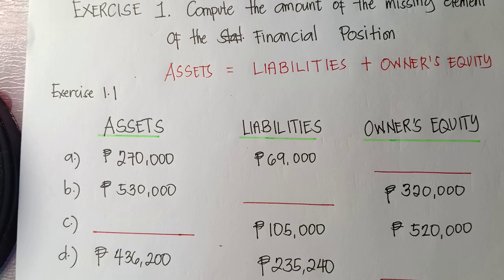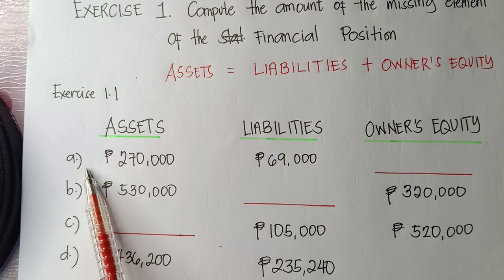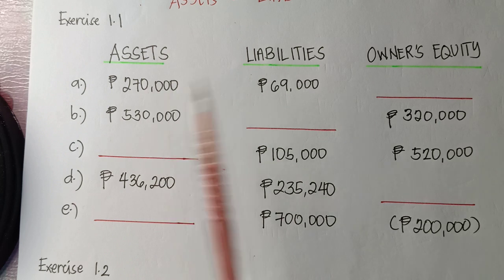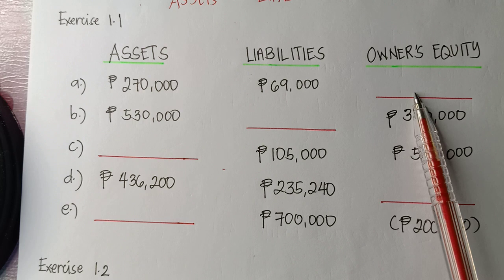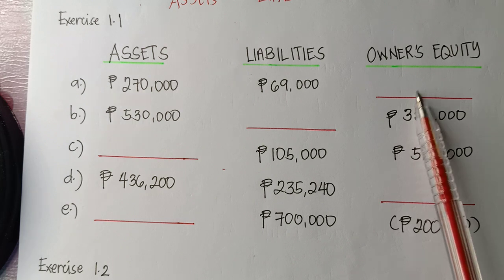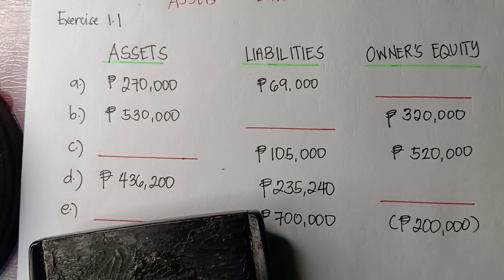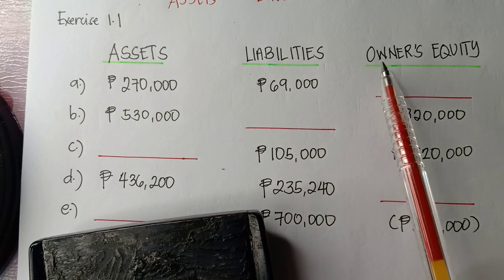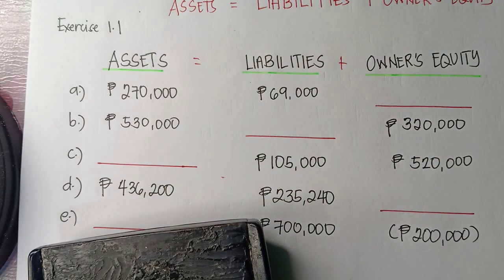Here in exercise 1.1 letter A, we have assets of 270,000 and 69,000 for liabilities. We will find the missing element in the owner's equity. In the basic accounting equation, assets should be equal to liabilities plus owner's equity.